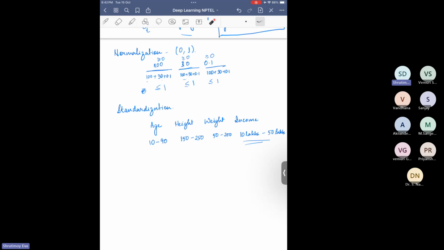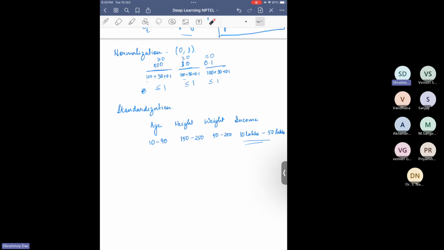You want that these things should not affect the output just because they are large. Because it is large, a small change in this will cause a huge change in whatever output we have. So we want all of these to lie within a certain range.